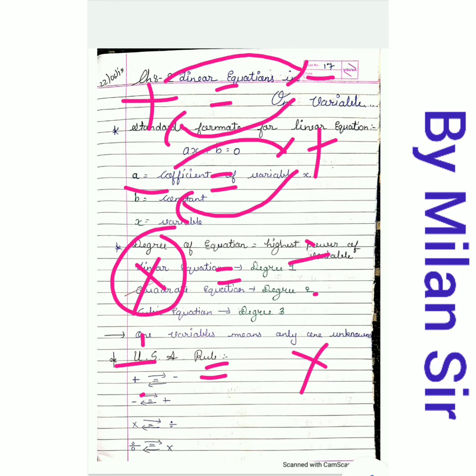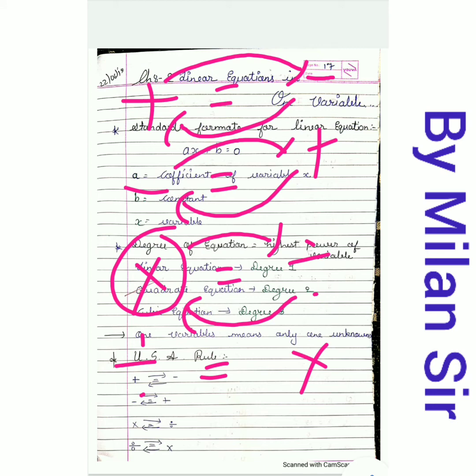If we transfer multiplication to the right hand side, it becomes division, and if we transfer division to the left hand side, it becomes multiplication.